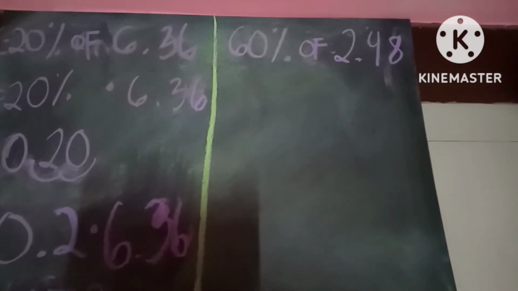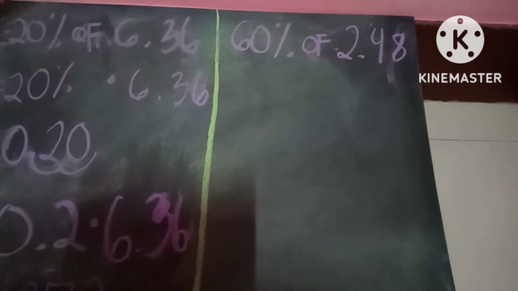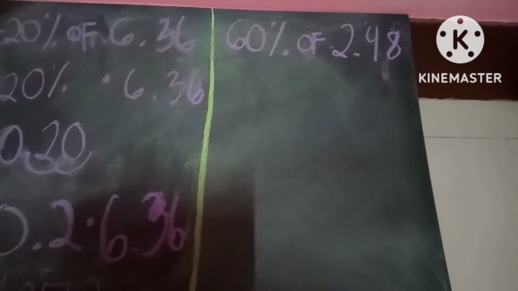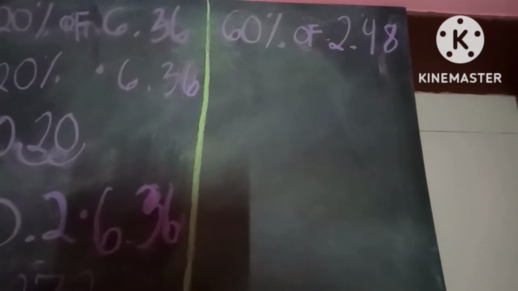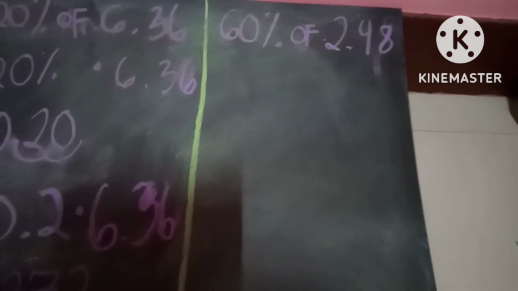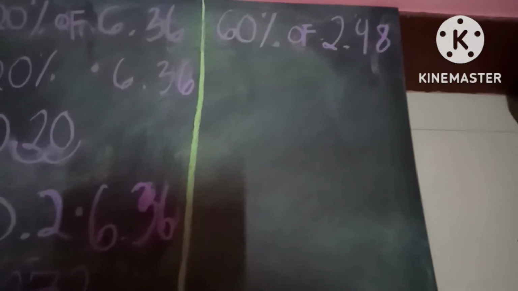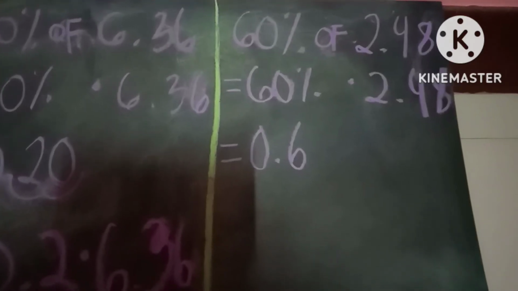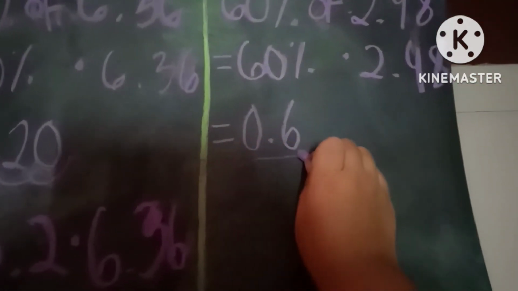To get the 60% of 2.48, just like before, we first need to convert the 60% to its decimal so we can multiply it to 2.48. And the decimal of the 60% is 0.6.